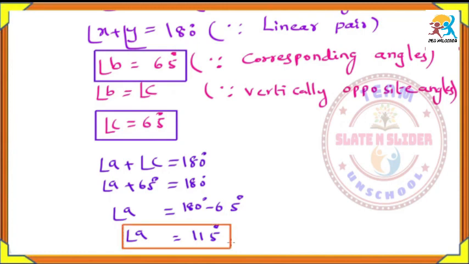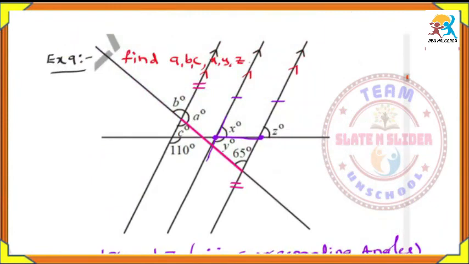Yes, we got angle A, B, C, and observe the figure again. We will take the last line and the first line again. Now we will change the transversal. The transversal is this one. Now it is a transversal. So this is 110 degrees.